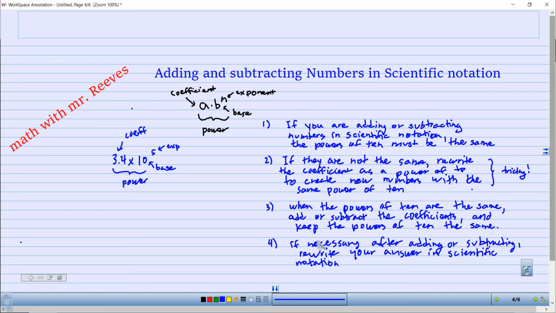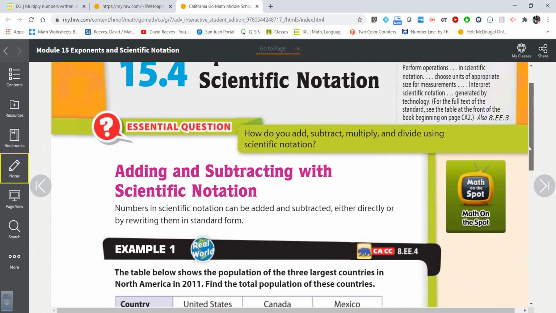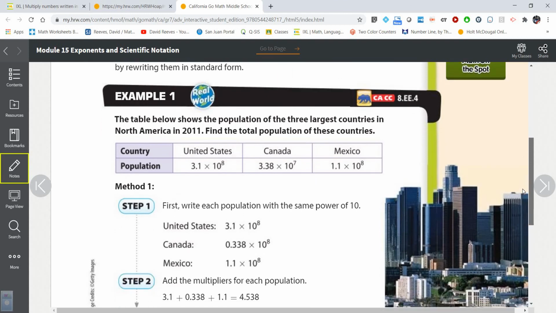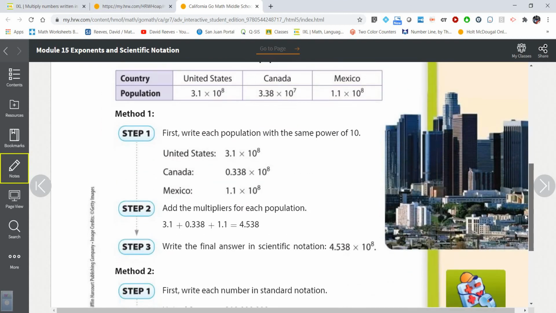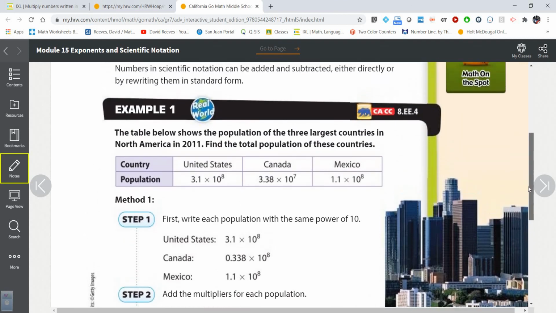Okay, so these are the steps. Hopefully you wrote them down because I'm going to now go back to the textbook and we're going to work through some examples. Let's just look at the example in the book.